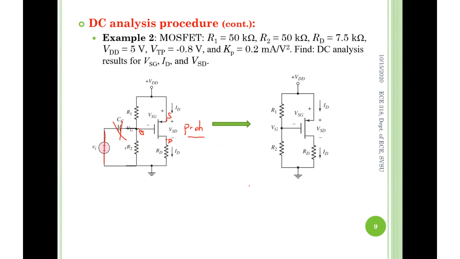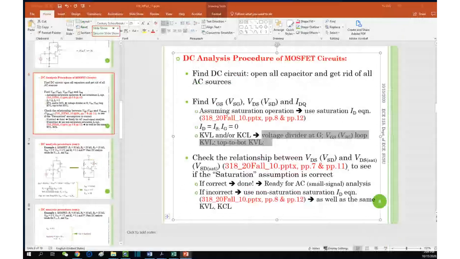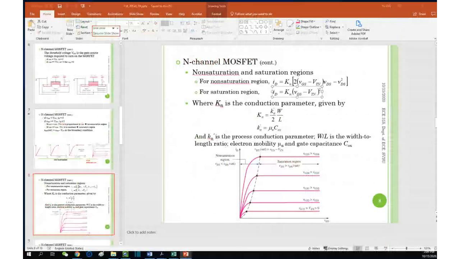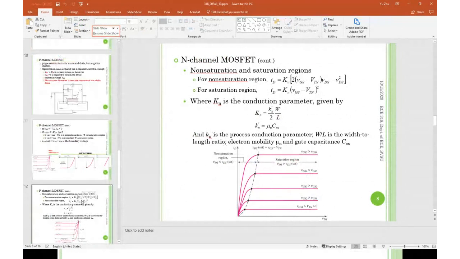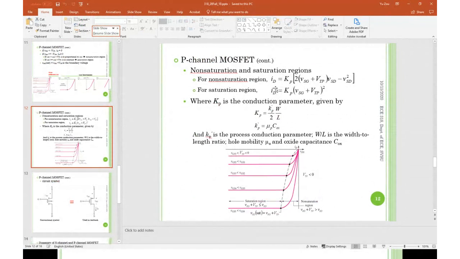P channel, assuming saturation, and then we go to page 12, P channel. This equation, does it make sense?